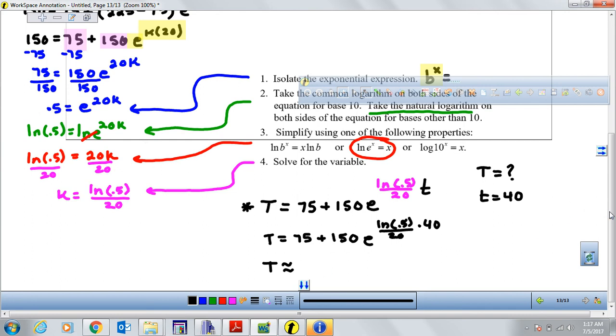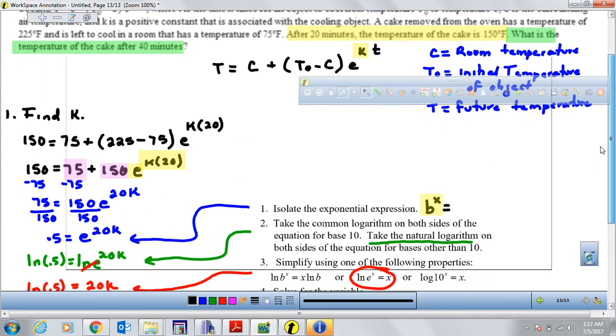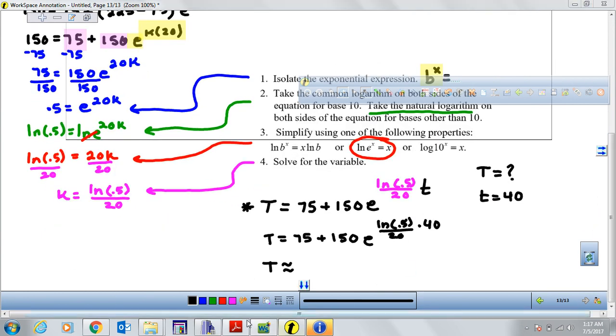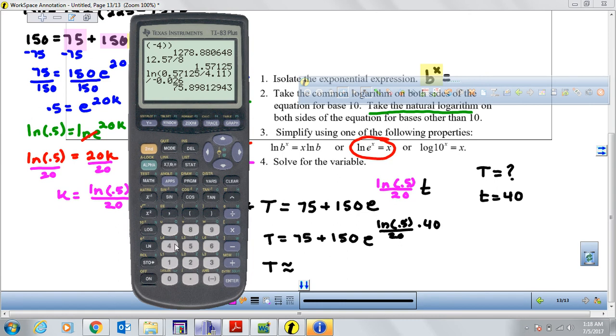We need to put this in the calculator to estimate the temperature. I don't know if we need to round, but let's go ahead and round to the nearest degree. So we're going to put 75 plus 150 times E raised to the power of the ln of 0.5 over 20 times the 40, and close the parentheses.